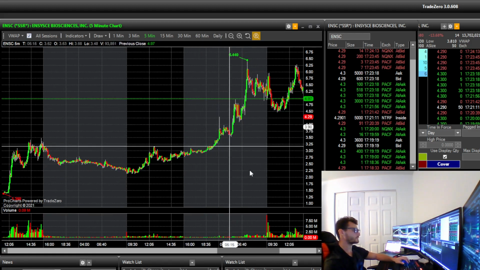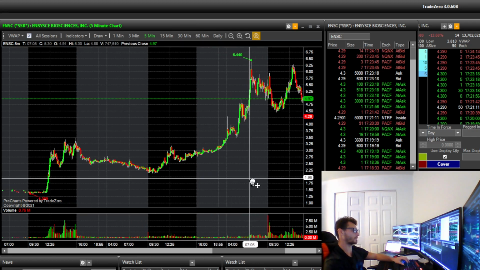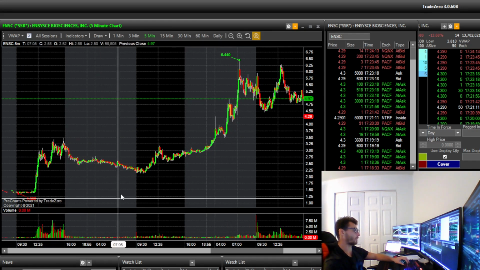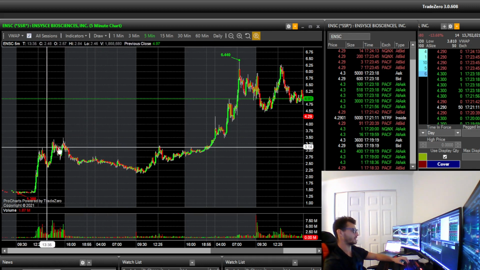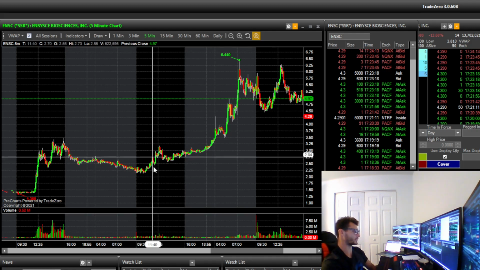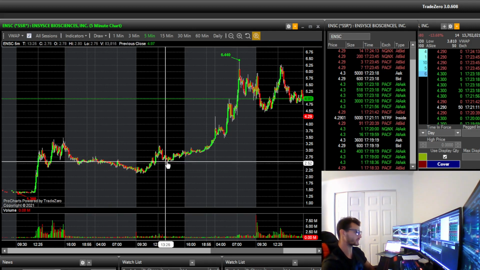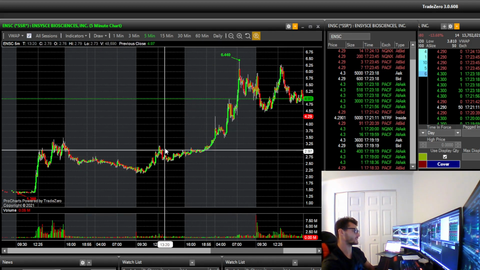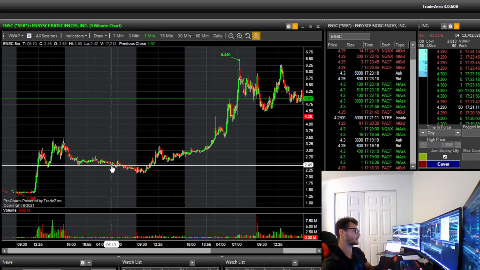Now, with that move, we get a lot of shorts. If they didn't cover, then they either got out here or they're still holding overnight again. And this is why this happened, because of the previous day.